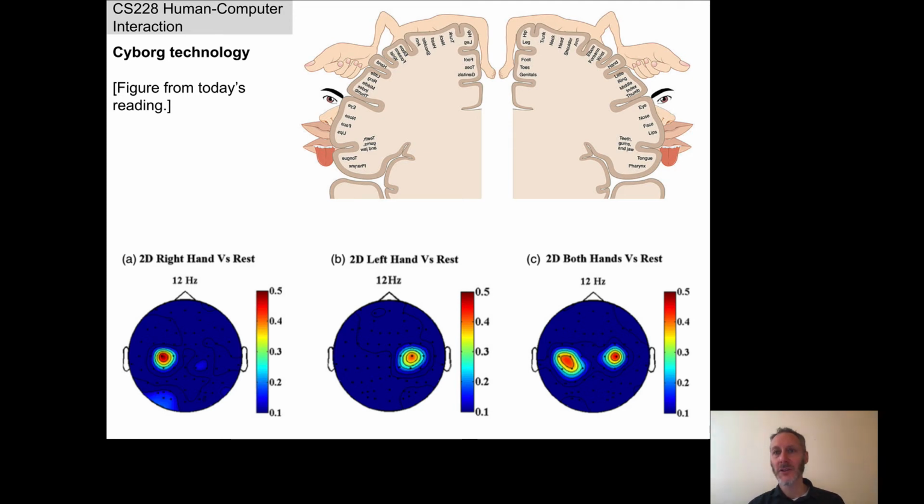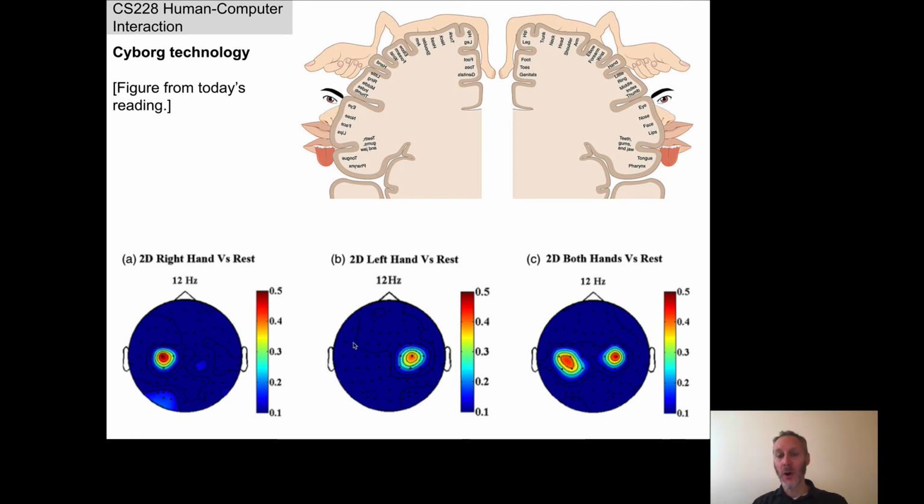So we saw contralateral before when we were discussing Braitenberg vehicles, contra meaning across and lateral the line, across the line. So if you imagine raising your right hand, it's the left hand in the left motor homunculus that lights up.